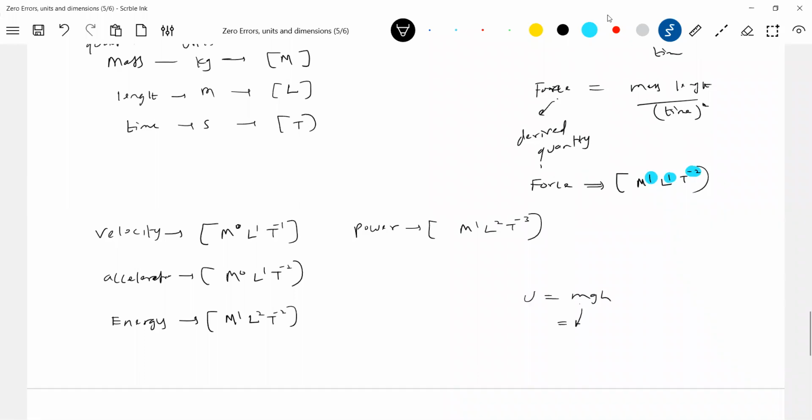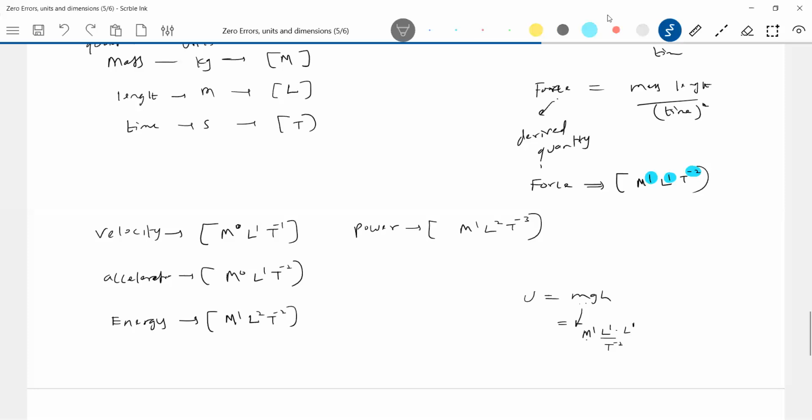What are the dimensions of each? M is M1, acceleration is L by T square, distance by square of time, and H is height, which has the dimension of length L. Then substitute, you'll get it.